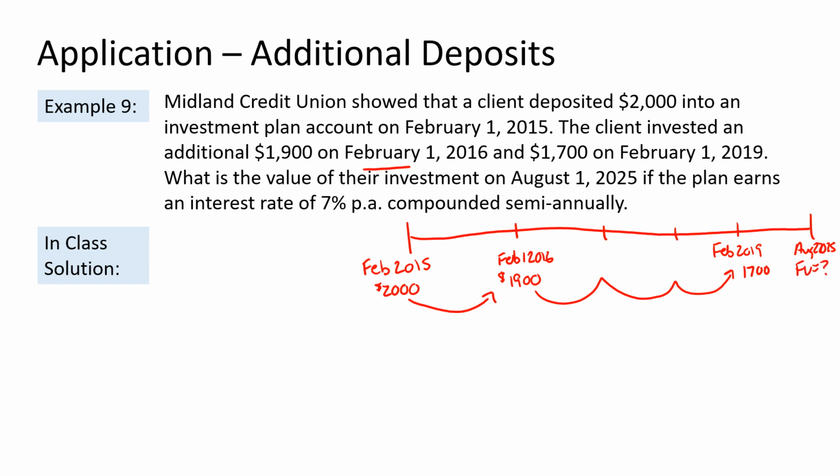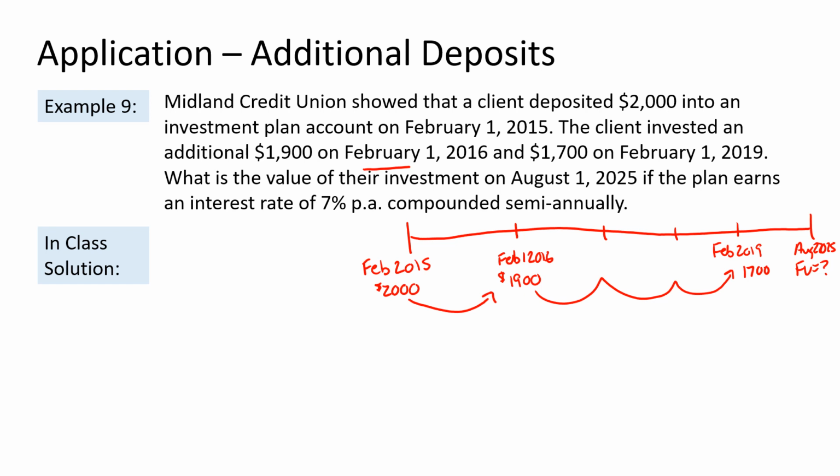So while this looks complicated, we're just going to do 3 separate future value calculations. In this case, we don't have to actually change any of our interest rates or compounding frequency. The only thing that changes is the amount of money at the start, the present value in each calculation, and our total number of compounding periods N for that term.